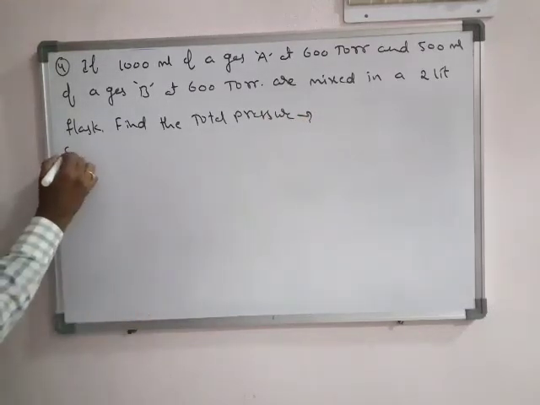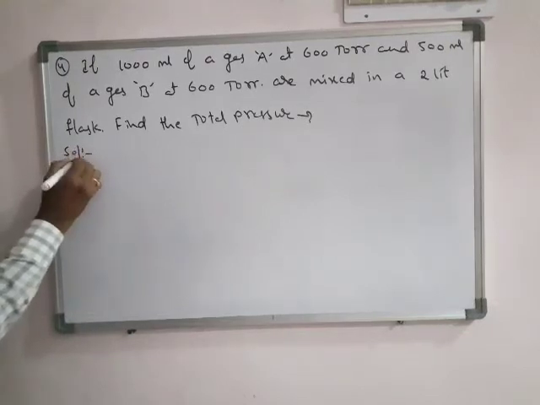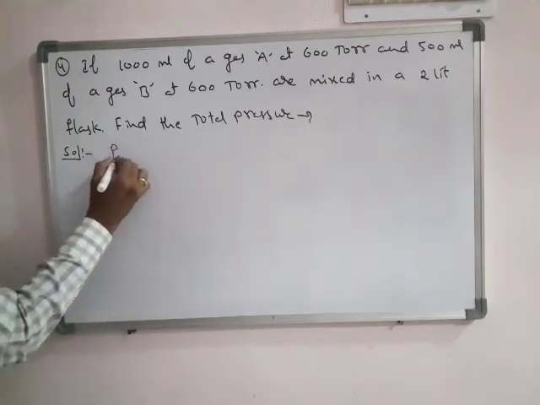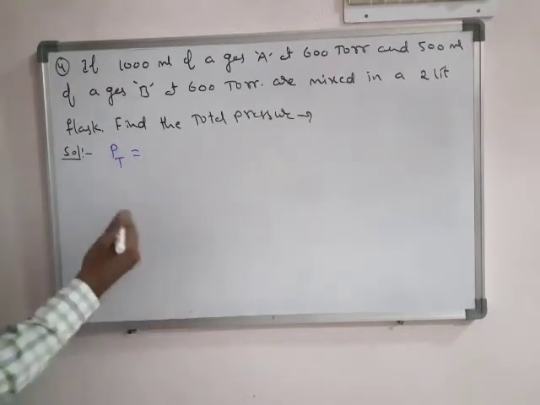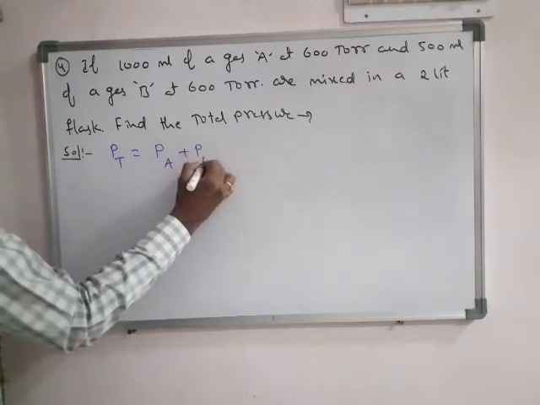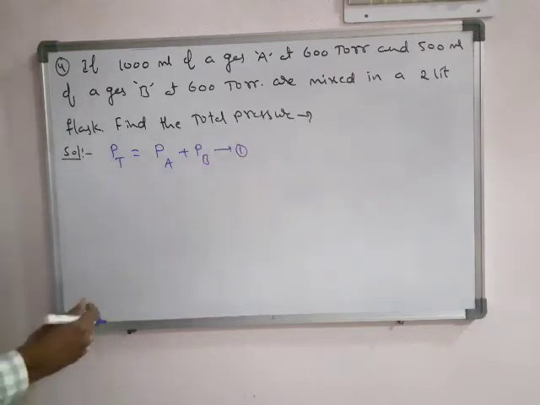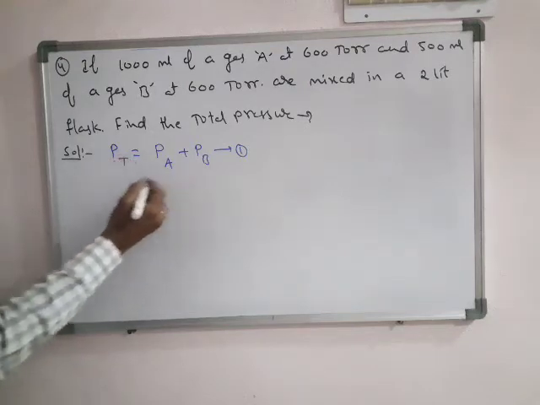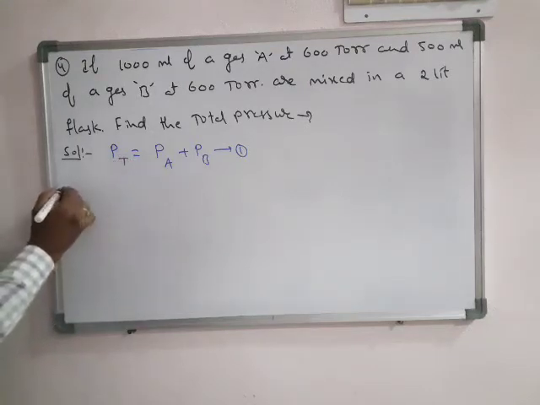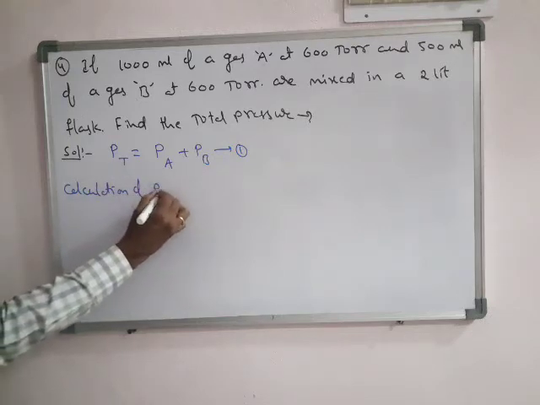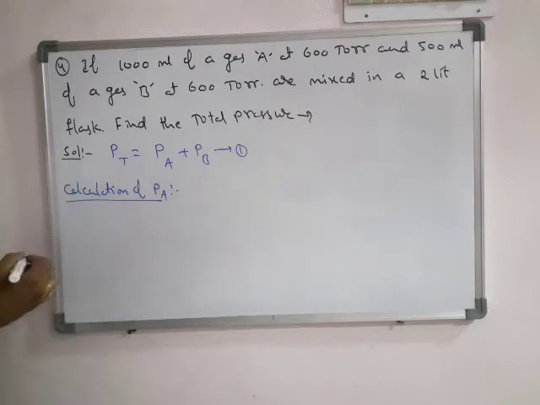So we know what the solution for it is. Now we write it. So what is the total pressure? Always the sum of the individual pressures, pressure of A and pressure of B. So we need to find out this P total. First we calculate PA.